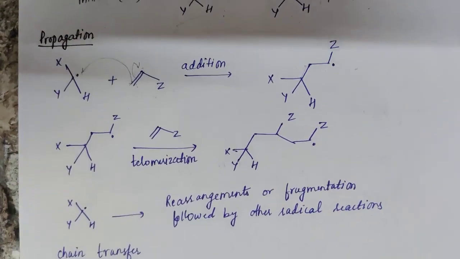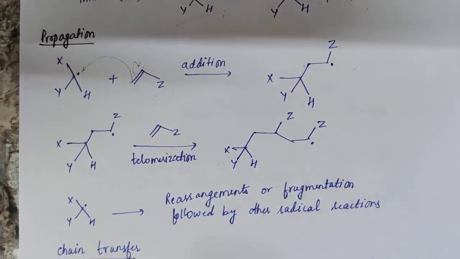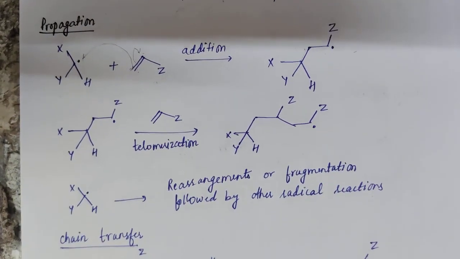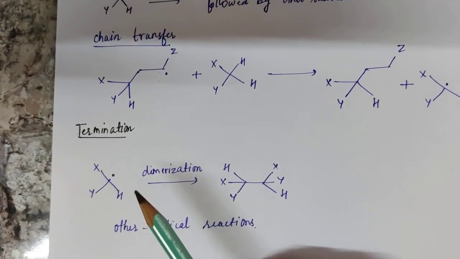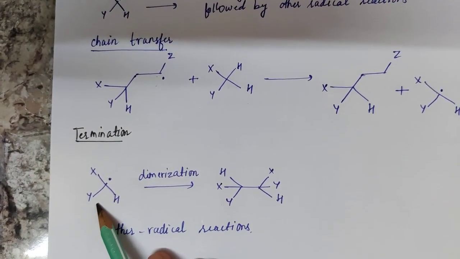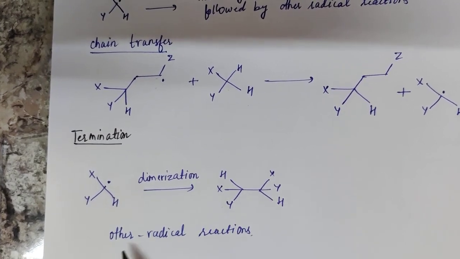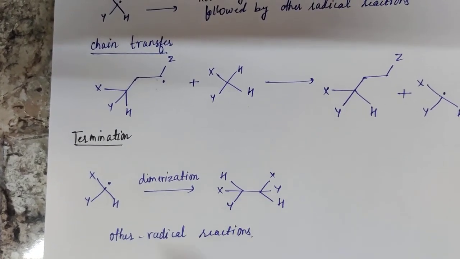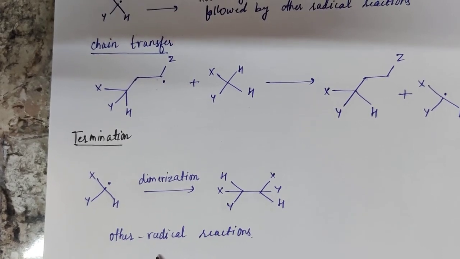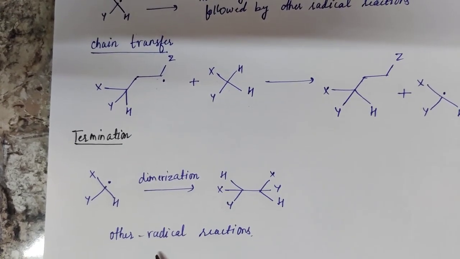So that way your chain propagation will keep on going. Now if we talk about the termination step, two of the radical can dimerize and form a stable species, and there are other radical reactions possible which could terminate this mechanism.